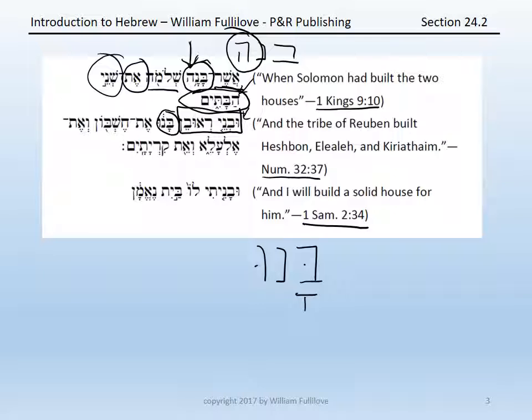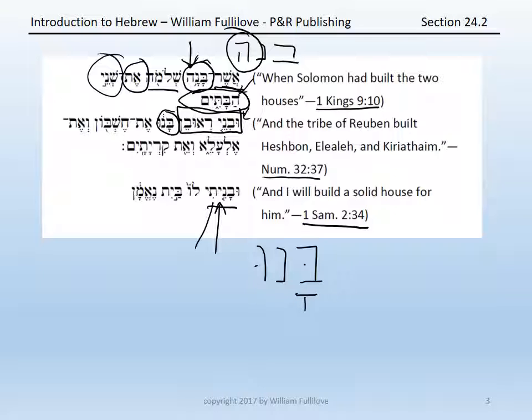And thirdly, 1 Samuel 2:34, uvaniti lo bayit ne'eman. Uvaniti is a qal converted perfect, first common singular of bana. The hey of the root has been replaced by the hireq yod mater.